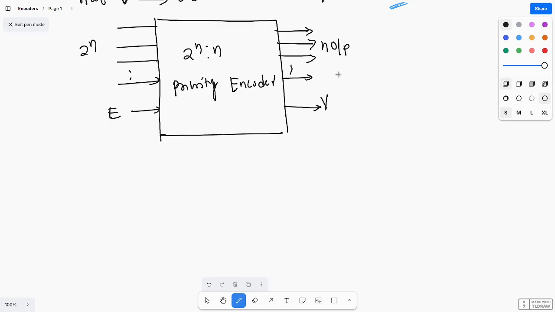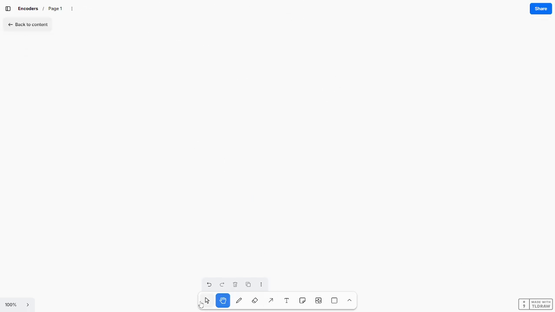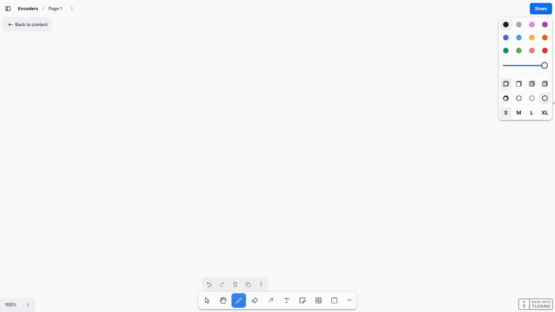Okay, so here I want to see, related to this priority encoder, the 4 to 2 priority encoder. So how to find out this 4 to 2 priority encoder?